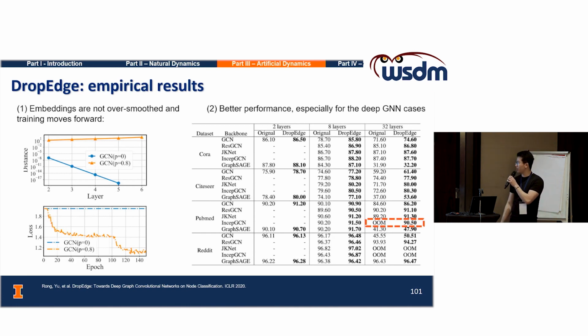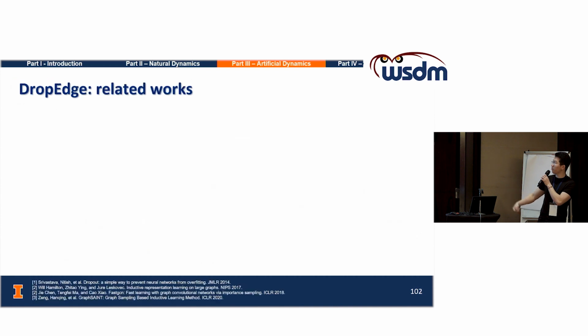Here I highlight a rectangle, which shows that under some cases, for example, IncepGCN, if equipped with 32 layers, the authors find that it will lead to a lot of memory problems. But after they equip it with DropEdge, because they drop some non-zero entries from the sparse adjacency matrix, we can save some memory, so we can somehow improve the scalability of the graph neural networks.